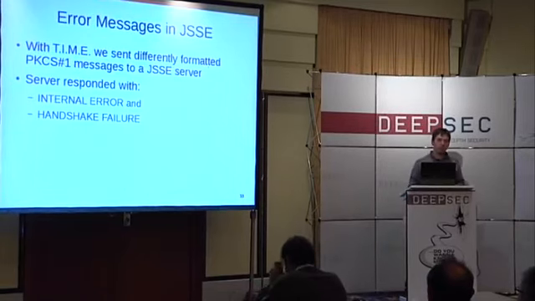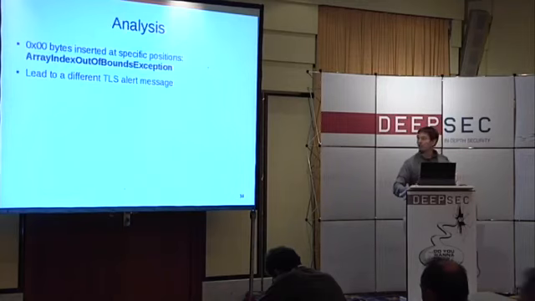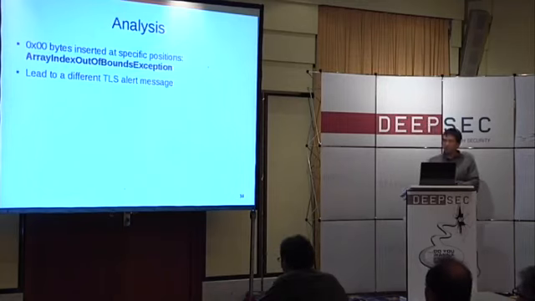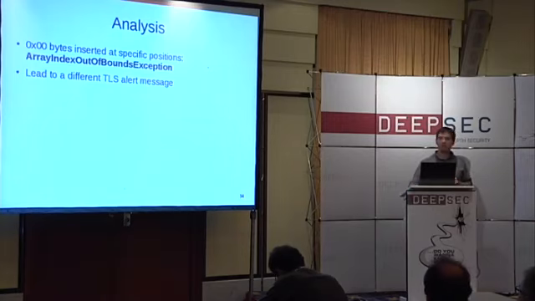We found out that this server responded with two different errors based on the RSA PKCS1 validity. More concretely, if the message started with 0002 and there was some 00 inserted at specific positions in the decrypted message, there was an internal array index out of bounds exception which led to a different error message.